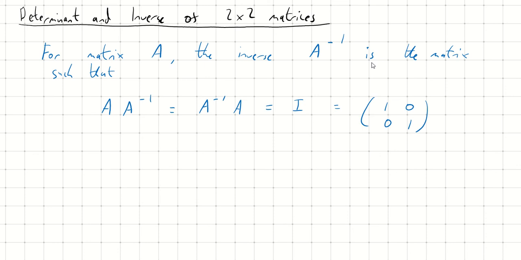So the matrix A to the minus 1 is the one that when you multiply it by A gives you this identity matrix 1, 0, 0, 1.